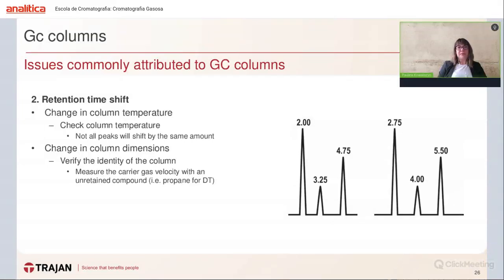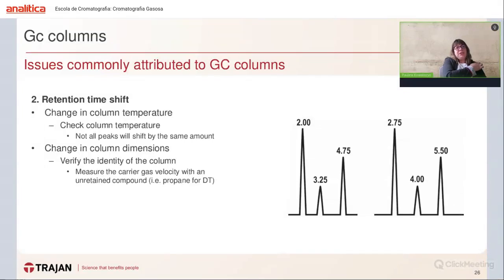Retention time shift. Here we've got examples of how the retention time can shift in our columns when something is not right. The first peak is eluting at 2 minutes, but should be eluting at 2.75, and then every next peak is also shifting.